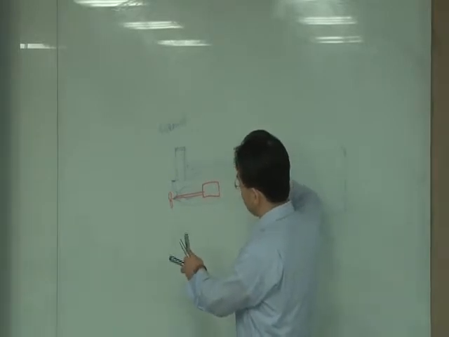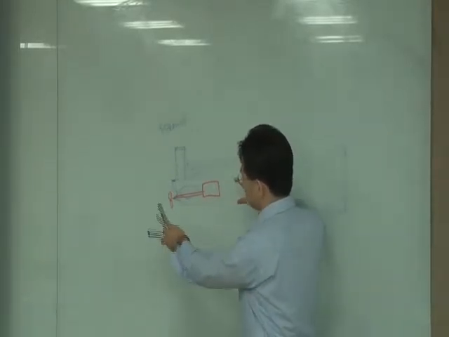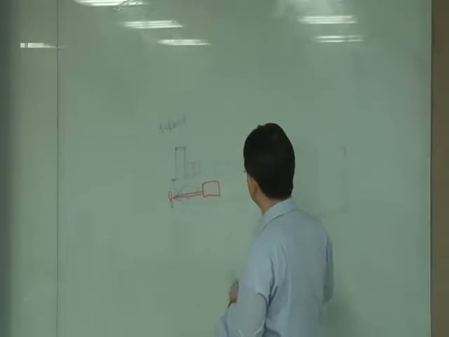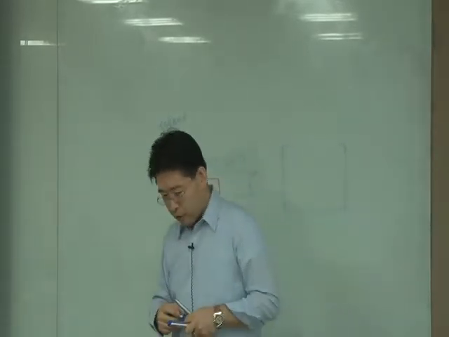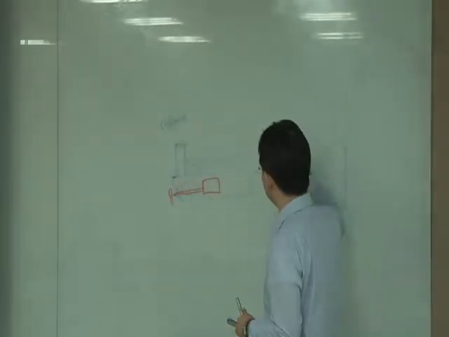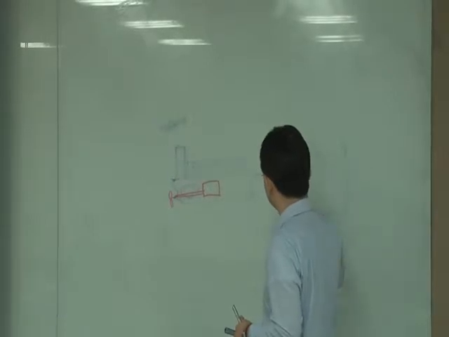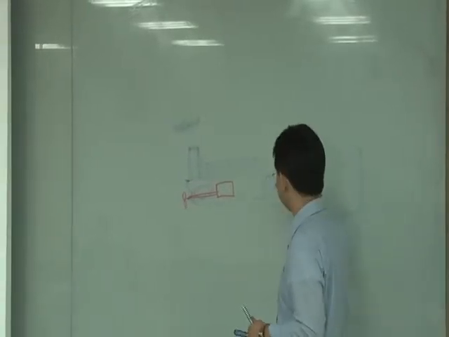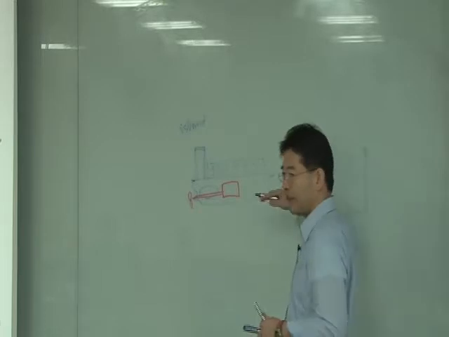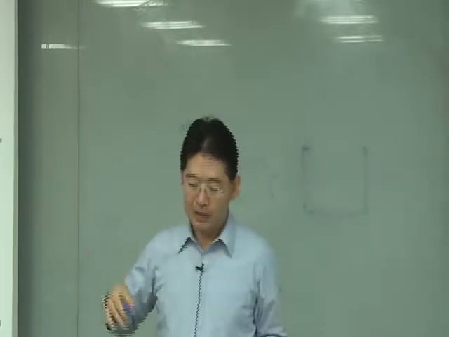Since this structure experiences bending moment, we have to use thick material in this part and this part, because the neutral axis will be in the middle of the depth of the ship.